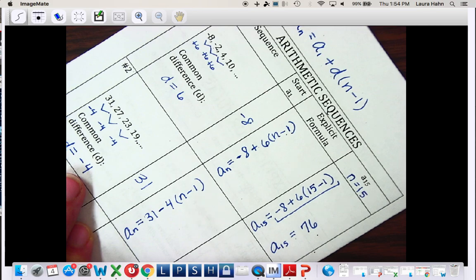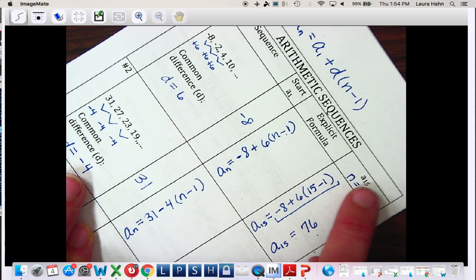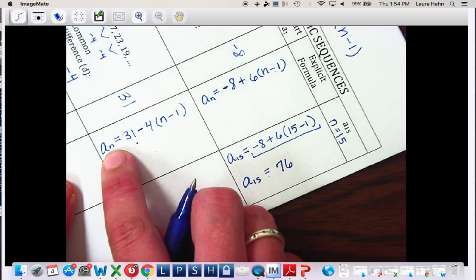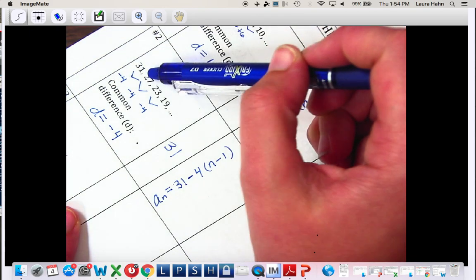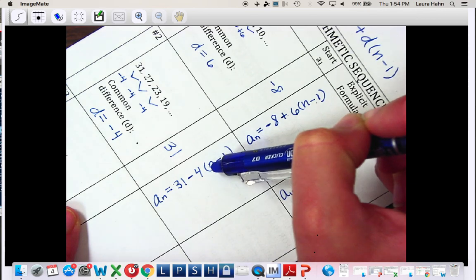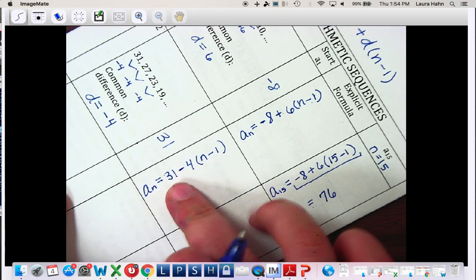Okay, what we need to do next is find the 15th term, so that's when n is 15. I'm going to use this formula, and anywhere I see an n, I'm going to plug in 15. This is my first term, second term, third term, fourth term. If I would keep going until I get to the very 15th number, what would that be? That's what we're going to figure out.